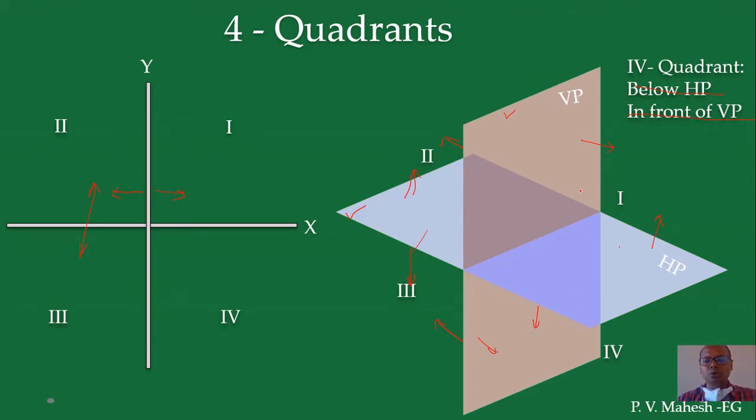In engineering drawing, we will place the object in any of these four quadrants, and we will see how it looks when seen from the front, top, side, and so on.